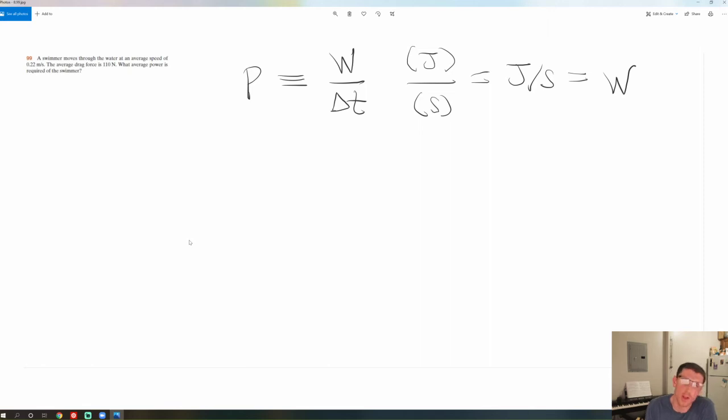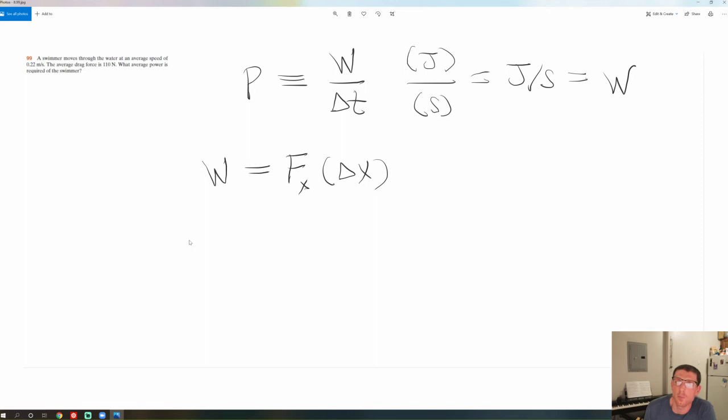Hopefully there's nothing outlandish about that, because it's just a definition. But what I want to do is write out the definition of work. In one dimension, work can be thought of as something, we can write it like this maybe.